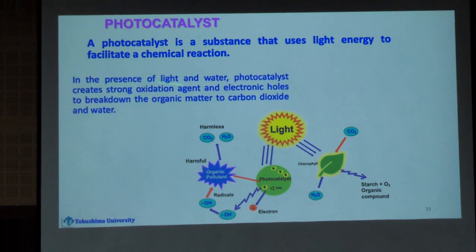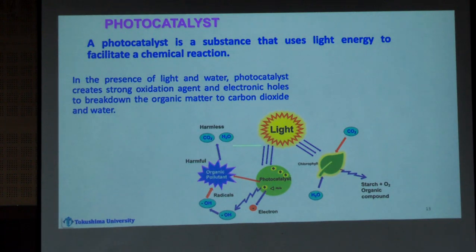Photocatalysis can be done in the presence of light and water. Why light? We need photons, okay? That is one thing. Why water? Because we are dealing with water. We want to clean the water. So a photocatalyst can create a strong oxidation agent and electronic holes to break down the organic matter to carbon dioxide and water. When photosynthesis occurs, oxygen is created.